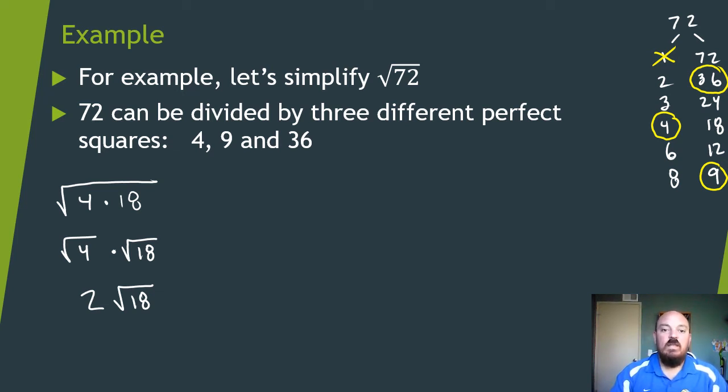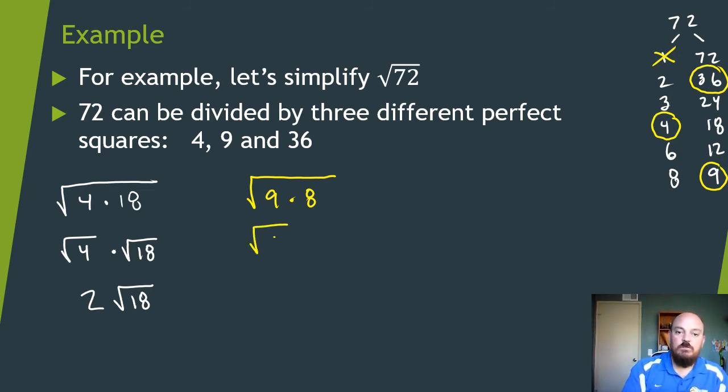Okay, now let me do it with the 9. So I'm going to say my 72 could be 9 times 8. And then I split those up. The square root of 9 times the square root of 8. And I say the square root of 9 is 3. So I'm going to turn that into a 3 and leave the square root of 8.